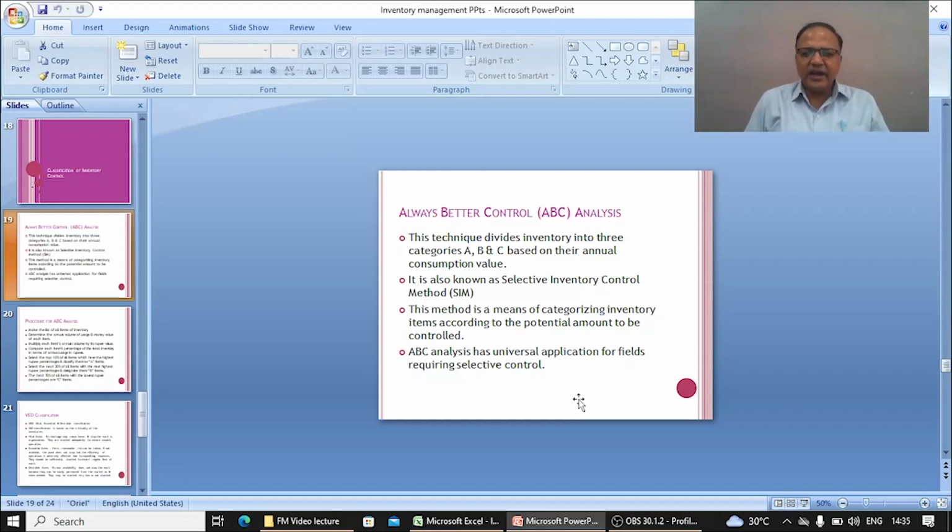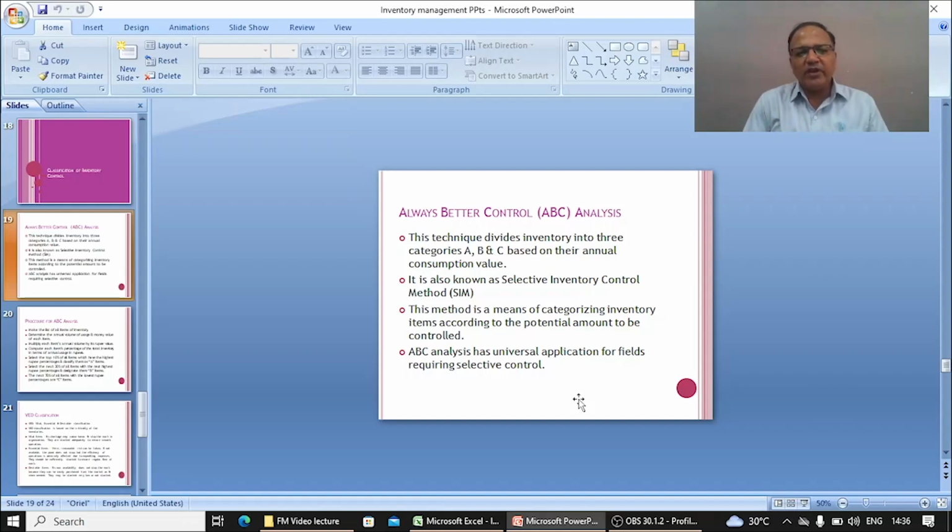A is the category where the organization is having maximum amount of cost. But if we count the number of components, then this type of raw material is only 10%. But if we are taking the cost component, it's very much higher.